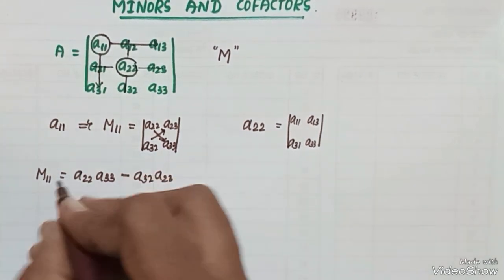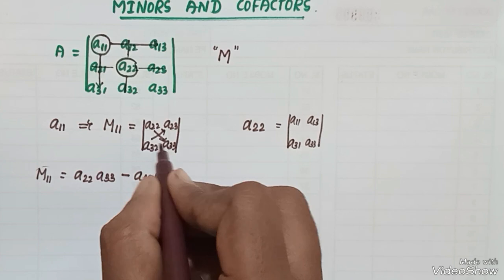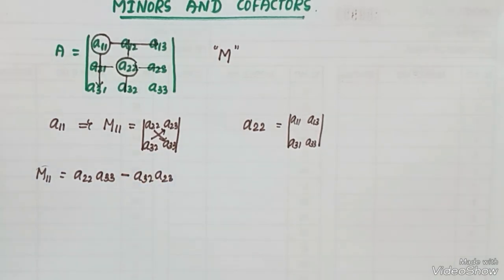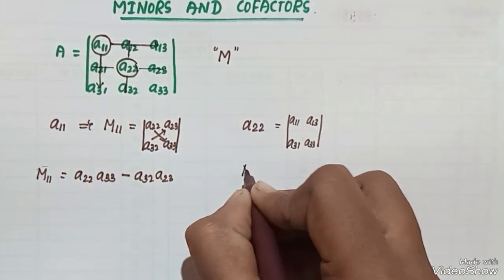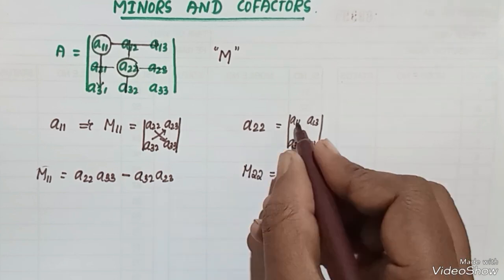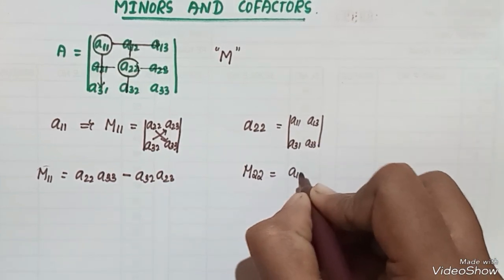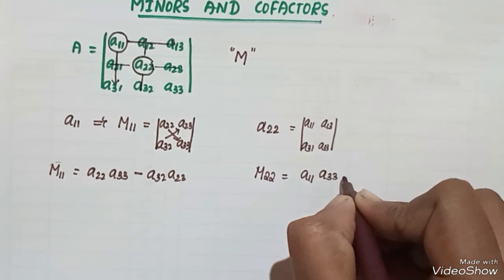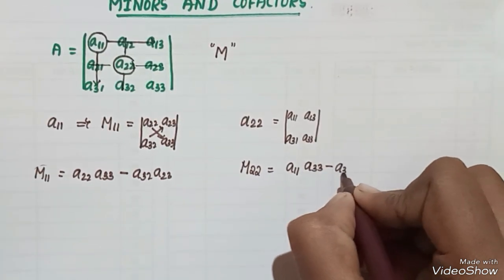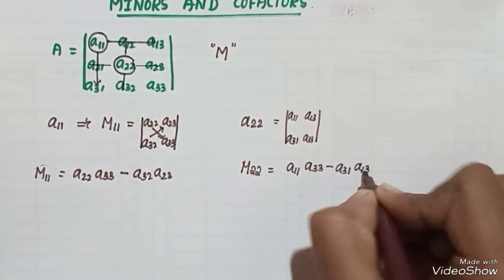For the element a22 the minor is the determinant value a11 a33 minus a31 a13.